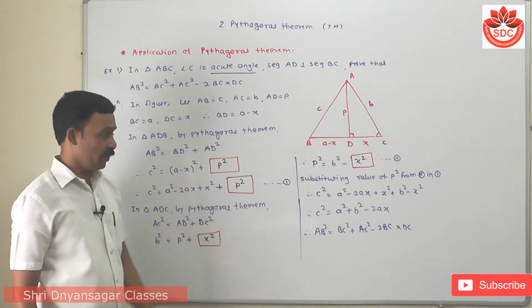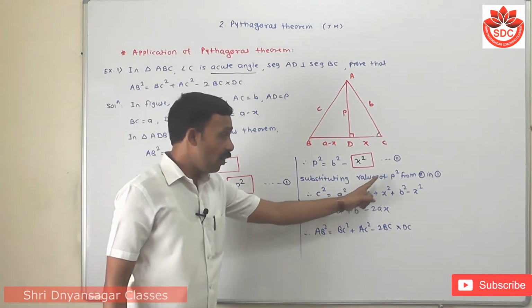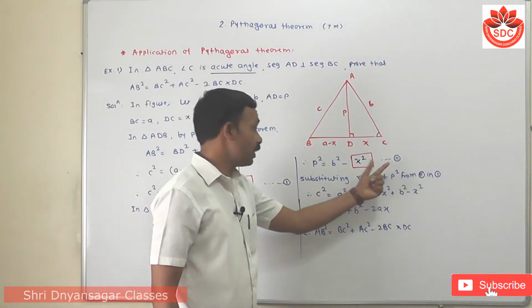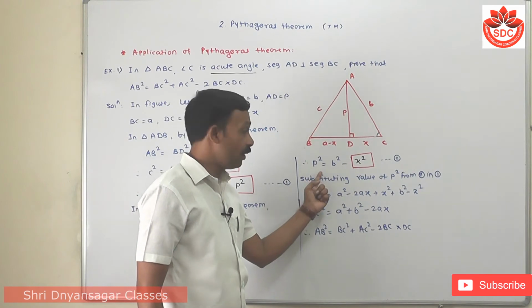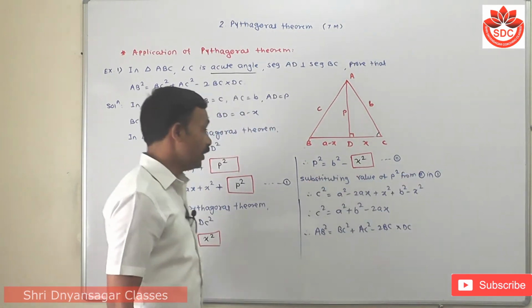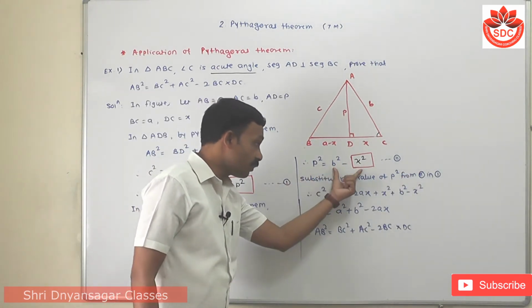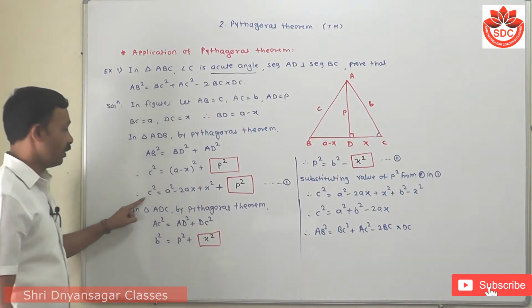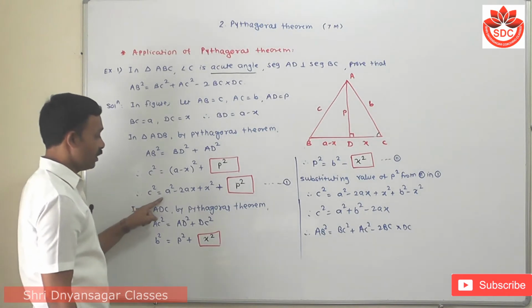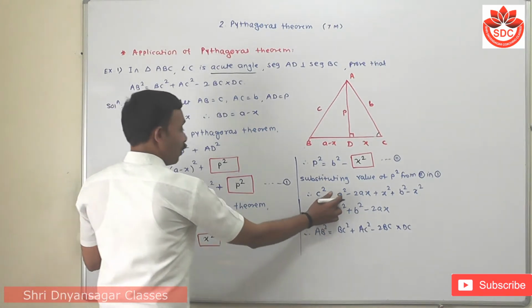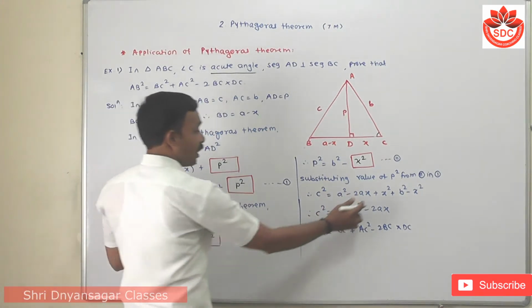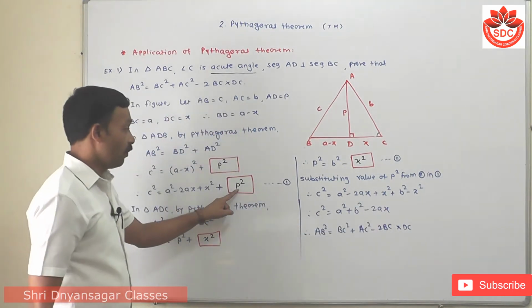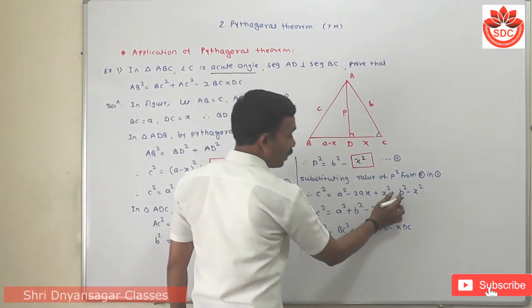This is equation number 1. Substituting the value of p square from equation 2 in equation 1, that is, you have to substitute the value of p square in equation number 1. So we write this equation: c square is equal to a square minus 2ax plus x square plus the value of p square, which is b square minus x square.